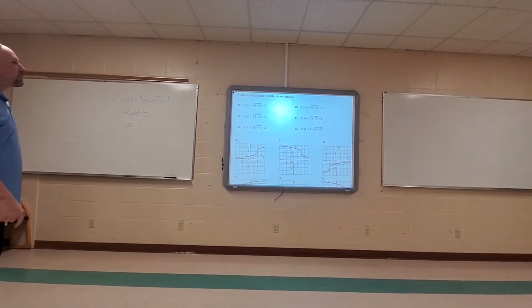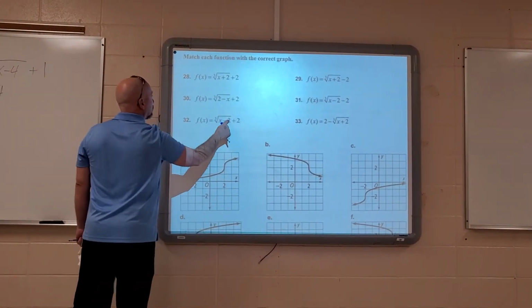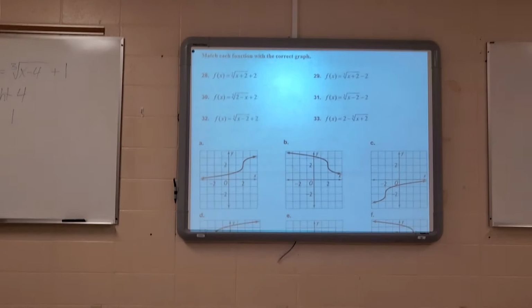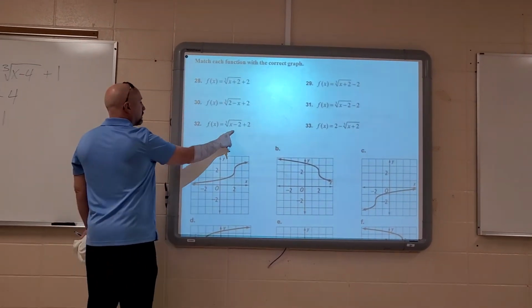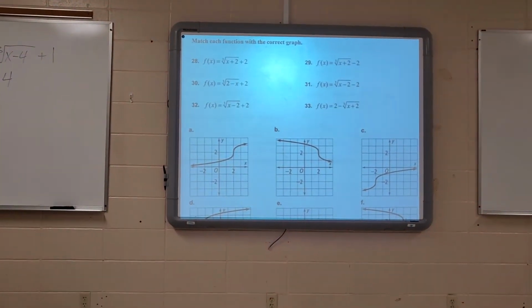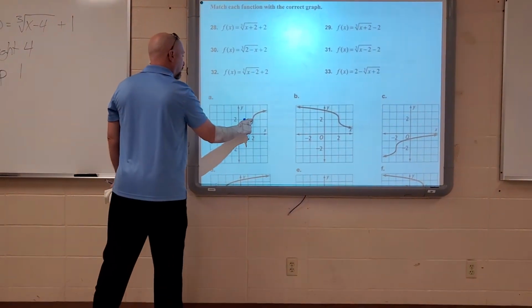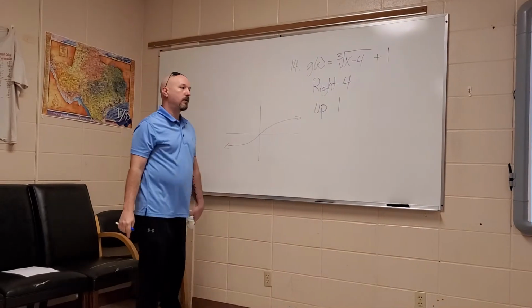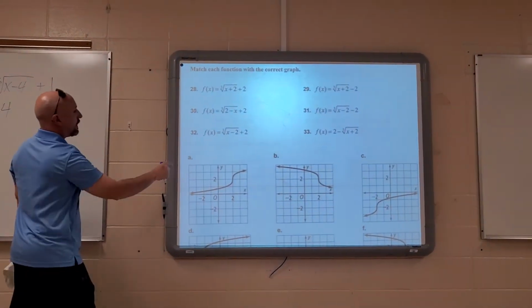So which ones move it up? These three, right? Okay, and which ones move it to the right? Just this one, right? -2 moves it to the right 2. And so this one looks like it's moved to the right 2 and up 2, and there's the center that was right here. Okay? So A would go with 32.